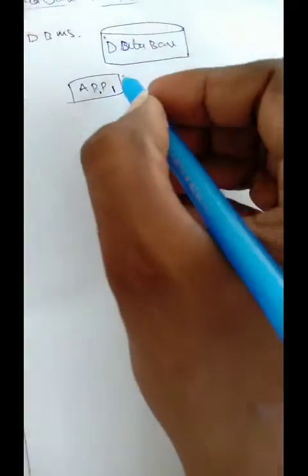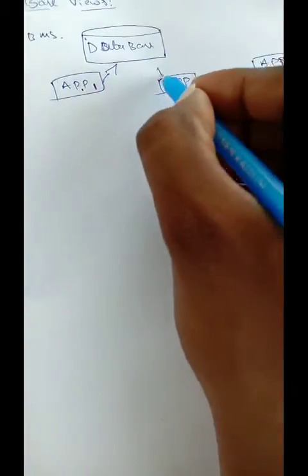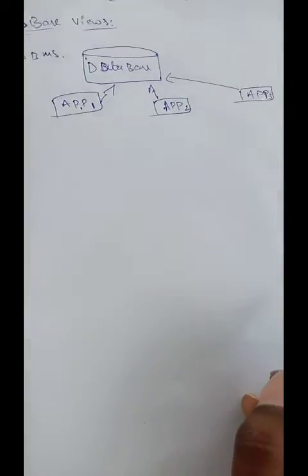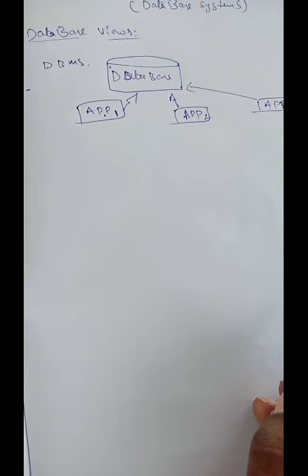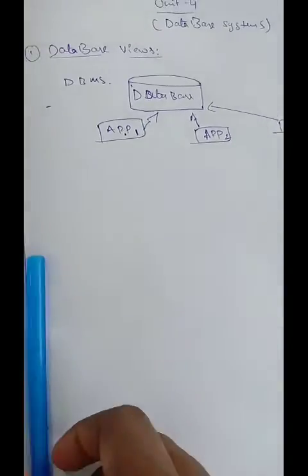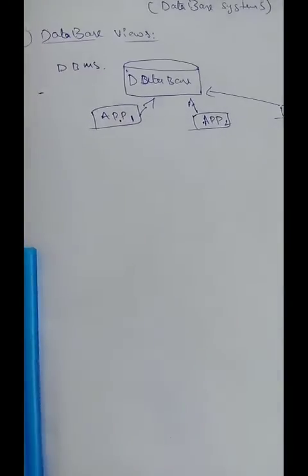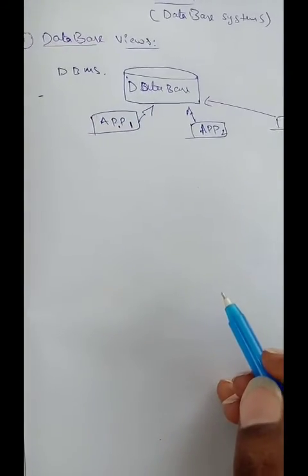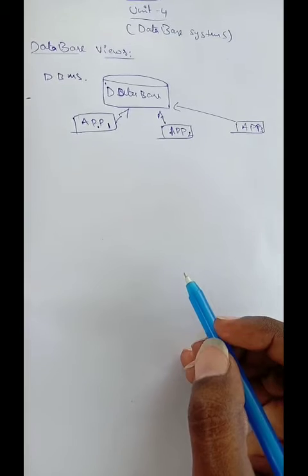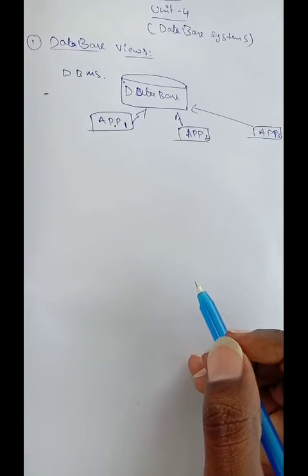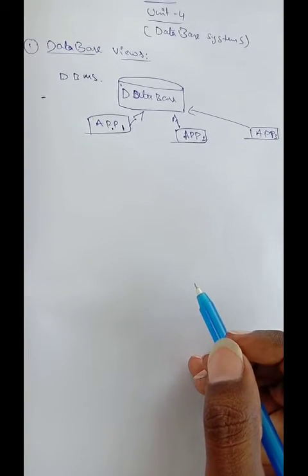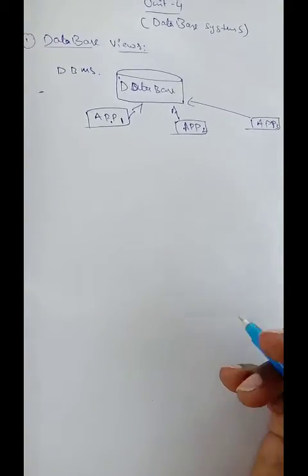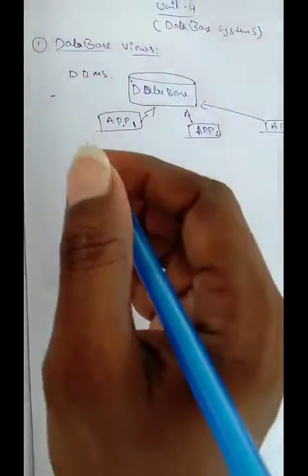So the database makes communication easy for the application programs to produce the output using the data. Here the database plays an important role. Some important decisions are made and some important actions are taken by the DBMS, and one of these is views.